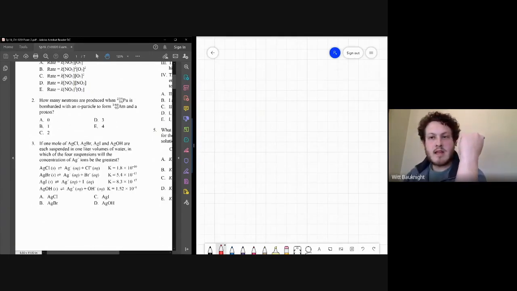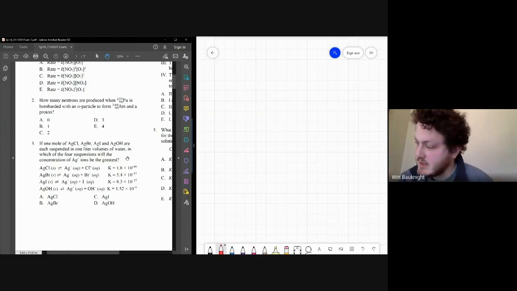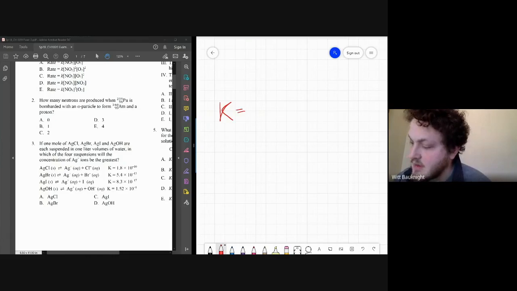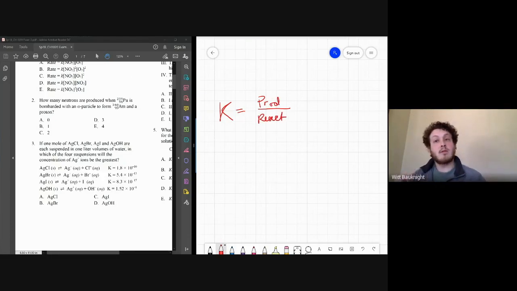So we have all of these Ag compounds, and they're being dissociated into their ions. And so we're asked which one's going to give us the greatest concentration of Ag. And if you notice, Ag is always a product. And we have these differing values of K. Well, let's go over again what is K, our equilibrium constant. An equilibrium constant is the ratio of products over reactants once a reaction has reached equilibrium.